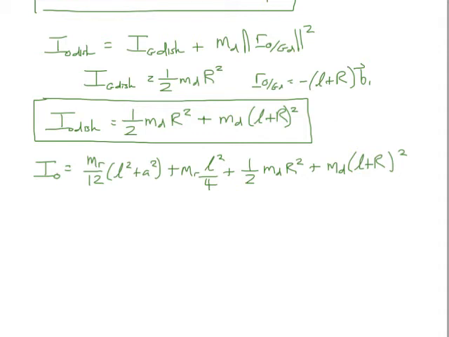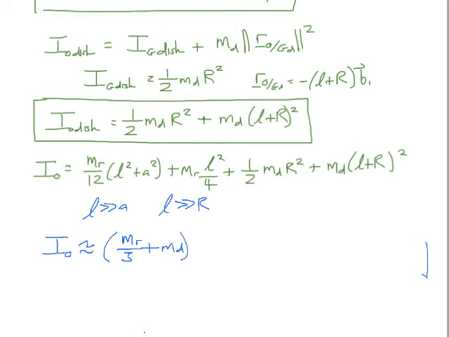And we can apply a simplifying assumption here, where if L is much greater than A and L is much greater than R, so essentially saying that A and R are small relative to L. This makes a difference because recall that moment of inertia is more dependent upon the length term than it is the mass term. So we can cancel out our A's and our R's, and this leaves us with the moment of inertia about point O approximately equal to (m_r/3 + m_d) L squared.